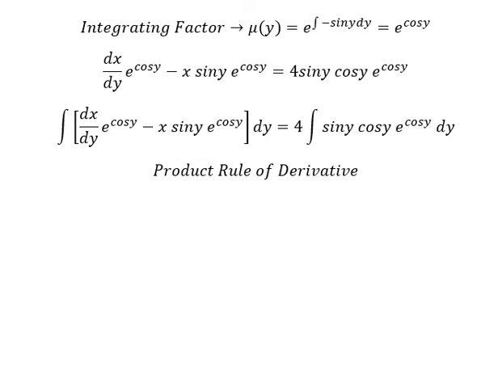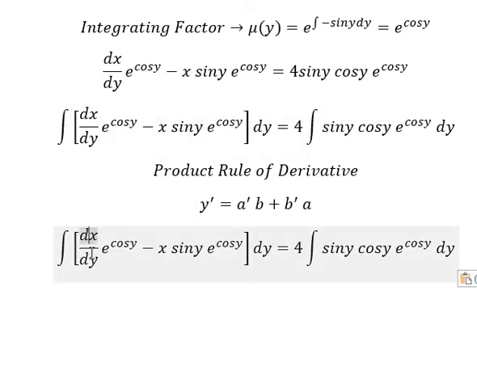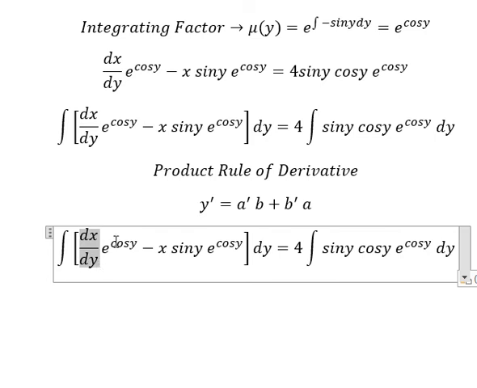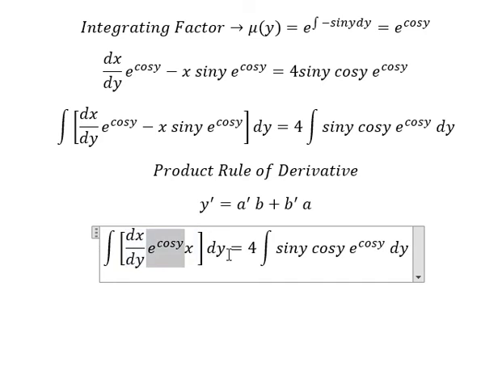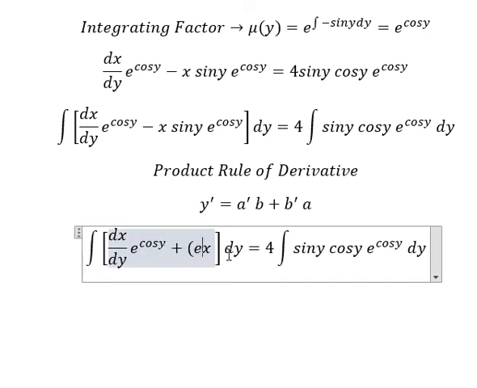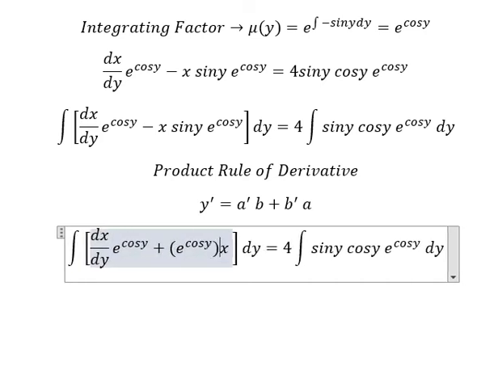So we have the first derivative of y equals the first derivative of a multiplied by b plus the first derivative of b multiplied by a. So for this one, we have the first derivative of a multiplied by b. This one is the first derivative of b multiplied by a.